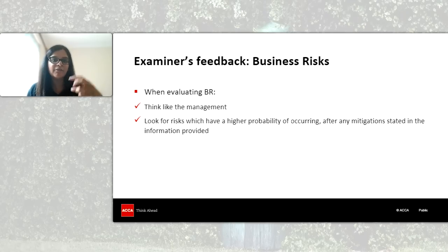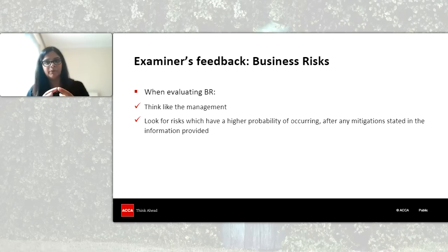Put yourself in the management's shoes and think about what might go wrong in the future. But as you write down your answers or extract information to plan your answer, you have to look for business risks which have a higher probability of occurring after any mitigation strategies which are given in this scenario.